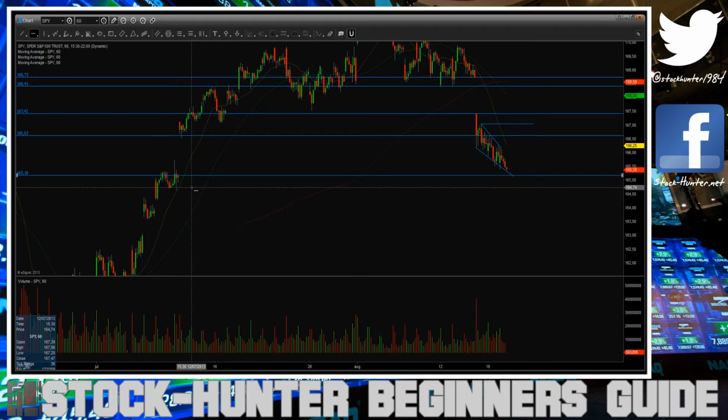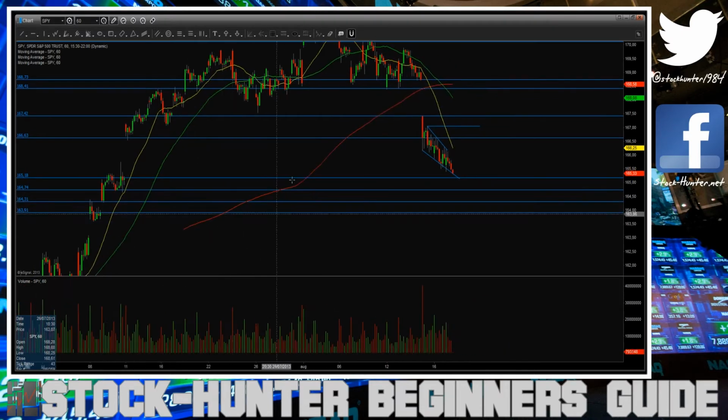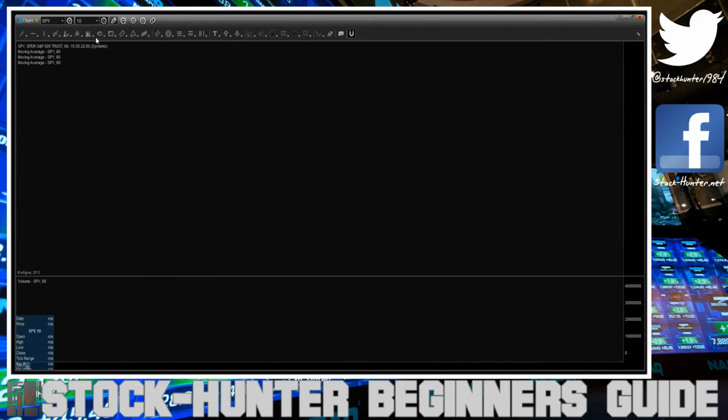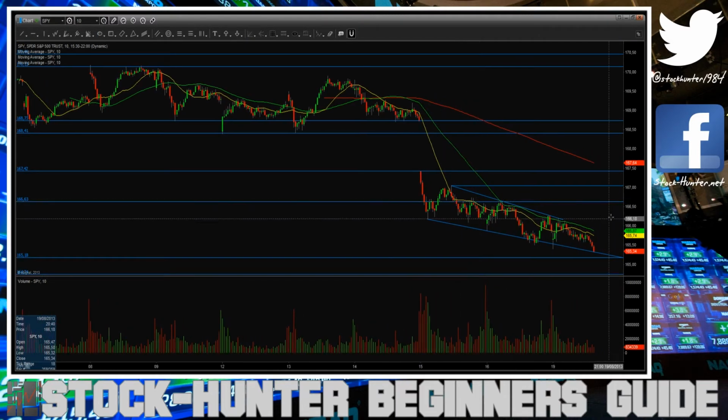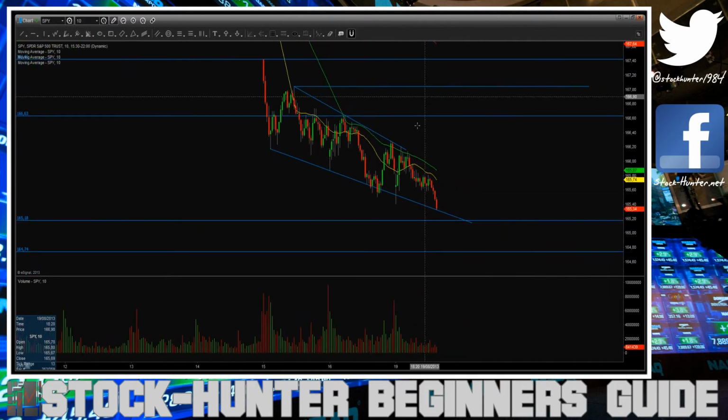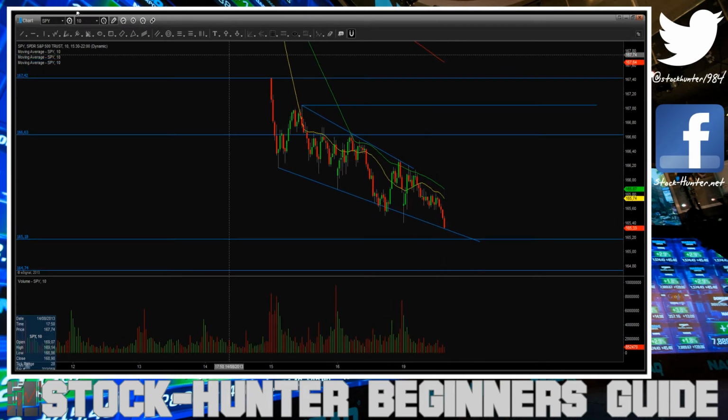Then we have this level at 164.74, and this gap window at 164.31, and gap fill at the peers of 164 at 163.91. As you can see, the SPY is now testing this channel, and let's see what will happen the coming minutes.